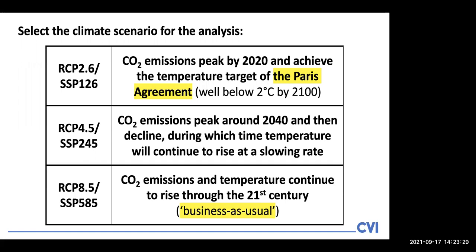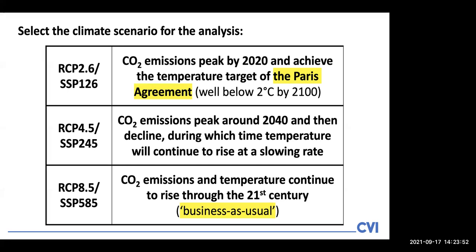And here, you'll note the similarity in each pair of codes. RCP 2.6 has an SSP 126. So the 2 and 6 are there again, and the number 1 reflects those choices made by the global community in terms of the socioeconomic elements.